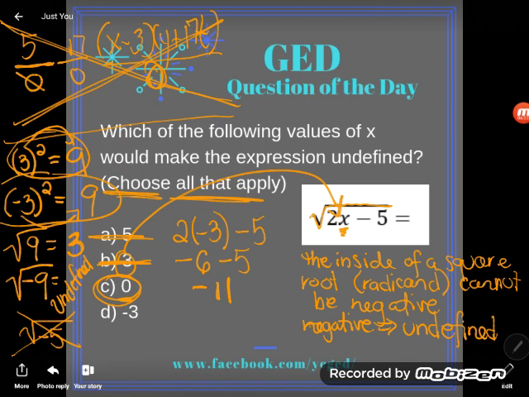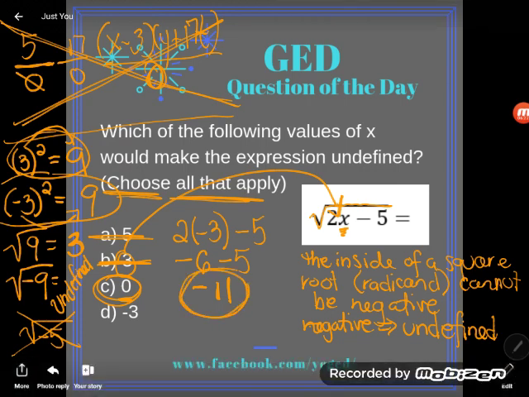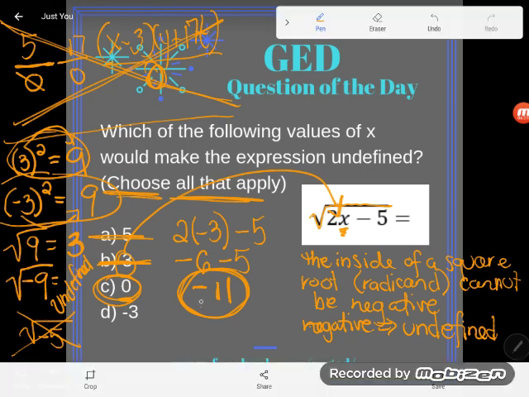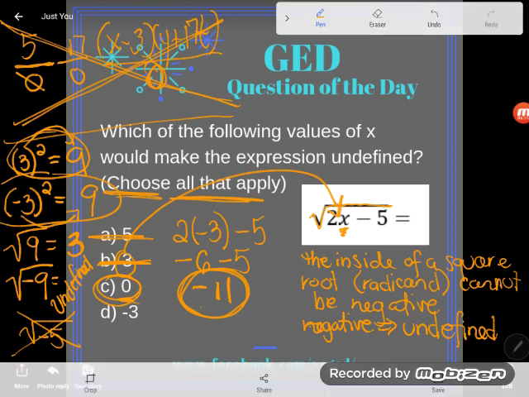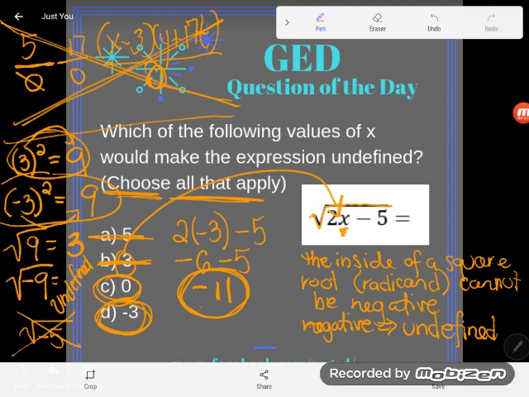I'd be all the way to negative 11. And you can see, oh my goodness, I would end up with a negative radicand. Again, I would end up with a negative under a square root. And so that wouldn't work either. That would give me an undefined answer. Whew. So which of the following values of x would make the expression undefined? C or D would both do that.